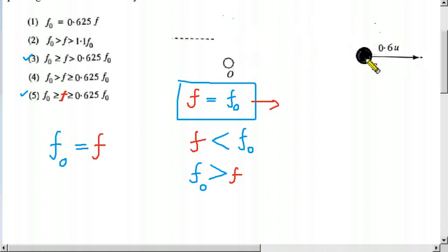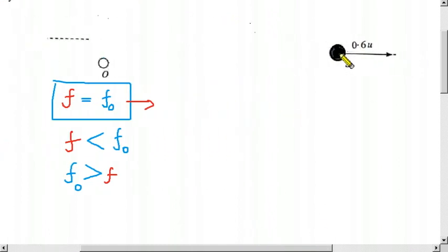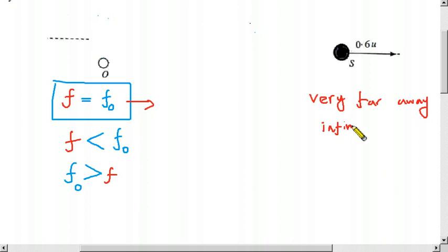But if this one is very far away, imagine this one is very far away like this. I write very far away. That means infinity. If it is at infinity, you can neglect this distance. What distance? This distance you can neglect because this one is very large compared to this one.